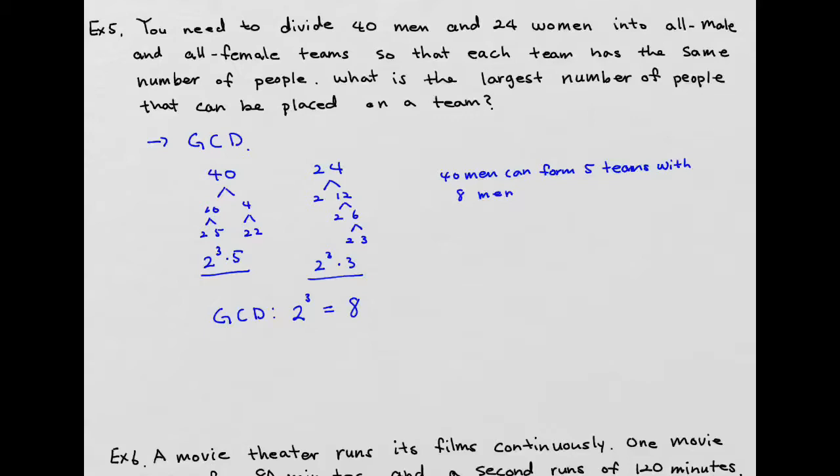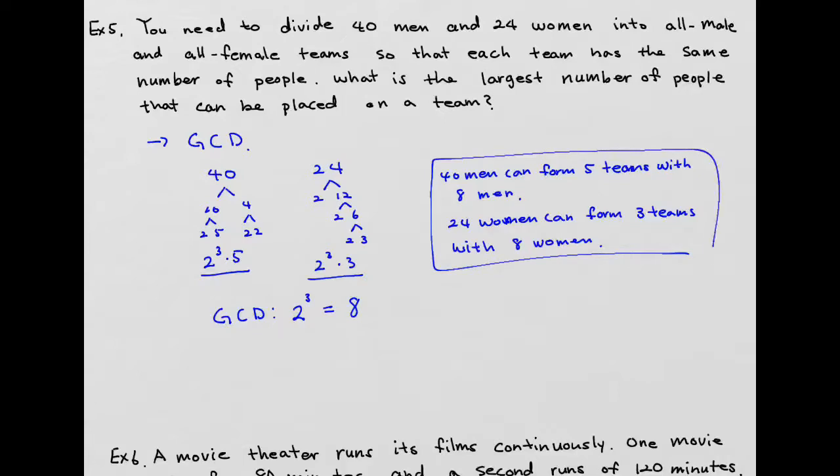And then 24 women can form 3 teams with 8 women each. That's the answer for these questions.